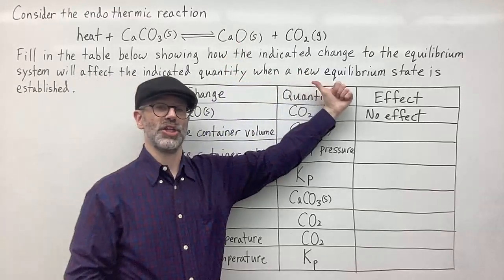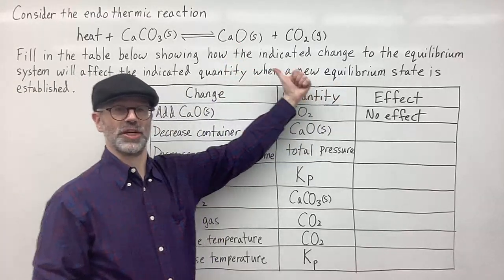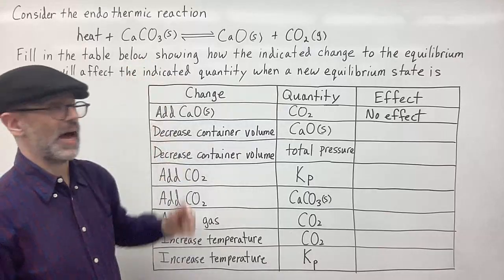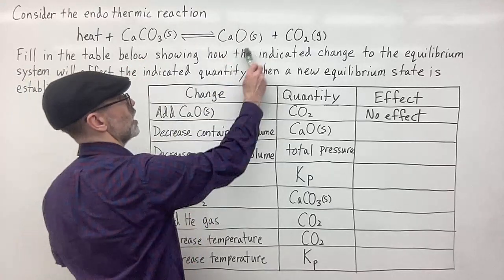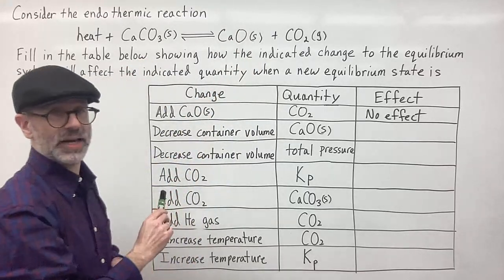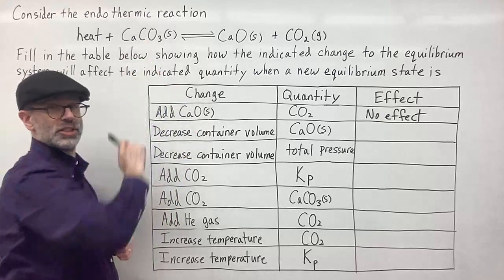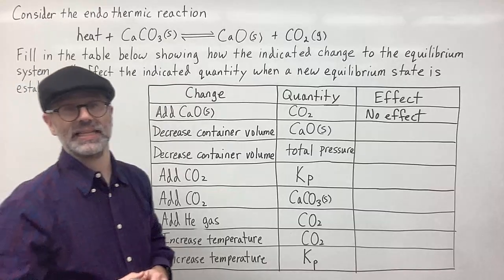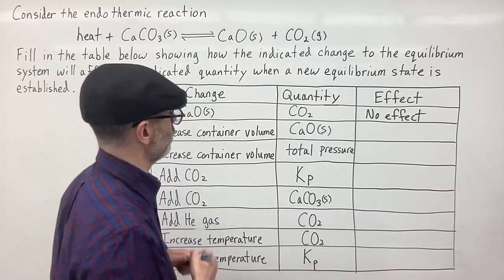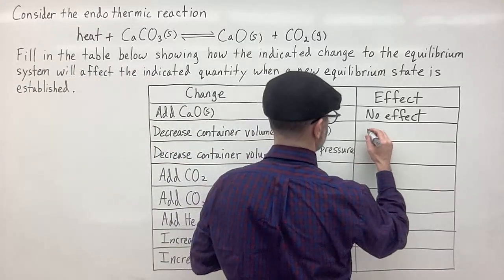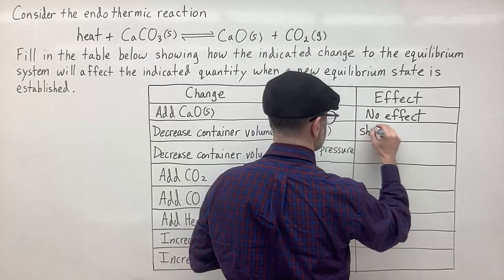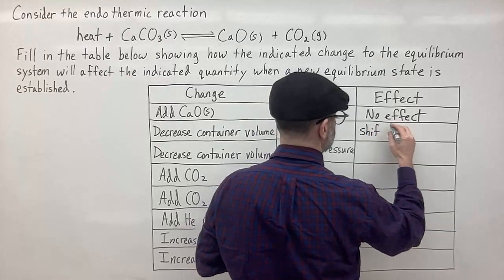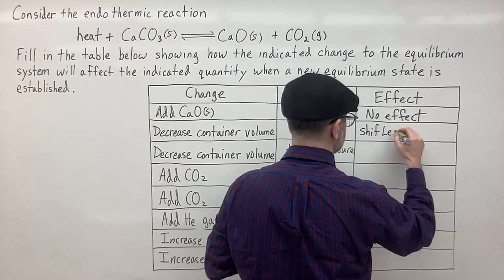If the equilibrium is going to shift in this direction, then that means it's going to use up some of the calcium oxide to form more calcium carbonate. So we would expect a decrease in the amount of calcium oxide. So this is going to shift to the left.